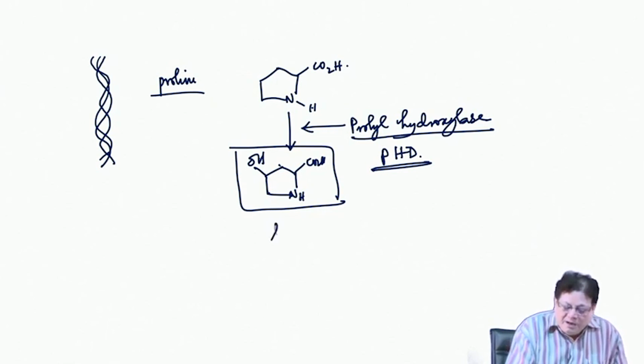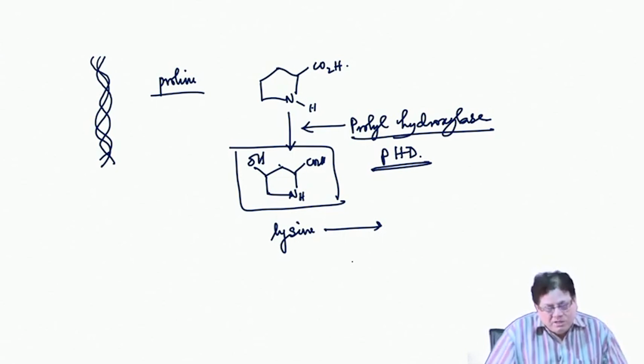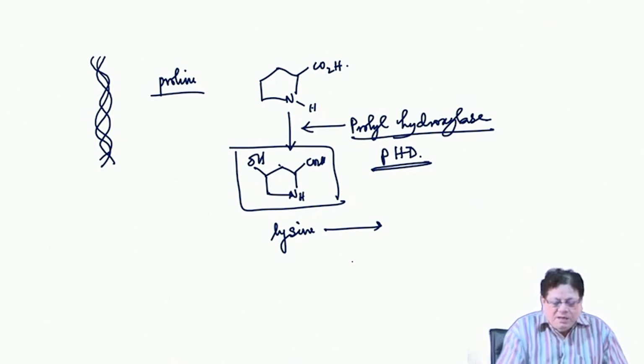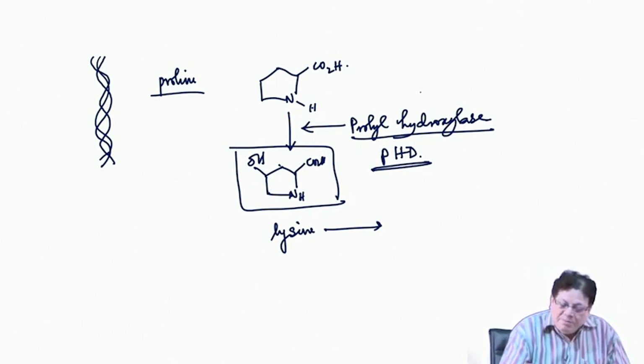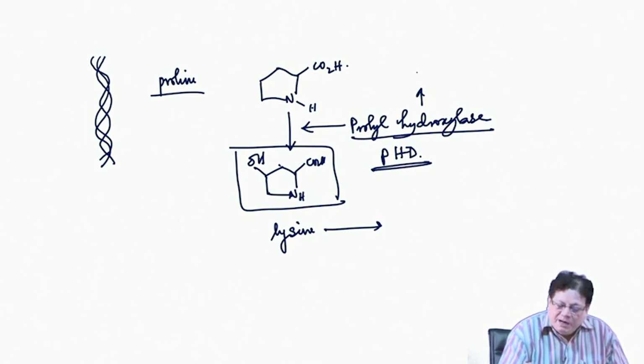Similarly, the lysine moiety can also undergo hydroxylation, but that will be by lysyl or lysine hydroxylase. Now, this enzyme requires, for the first time, a metal ion as a cofactor to catalyze the reaction.